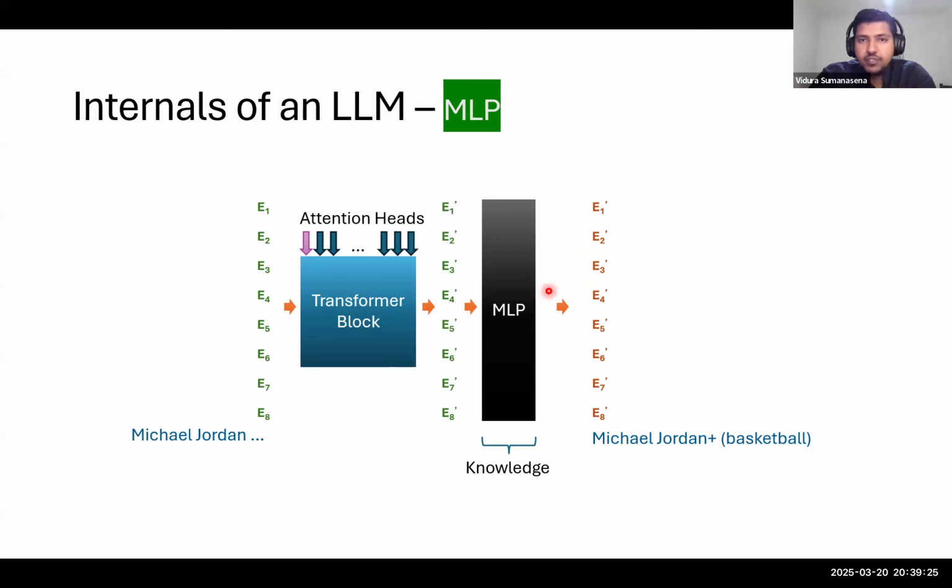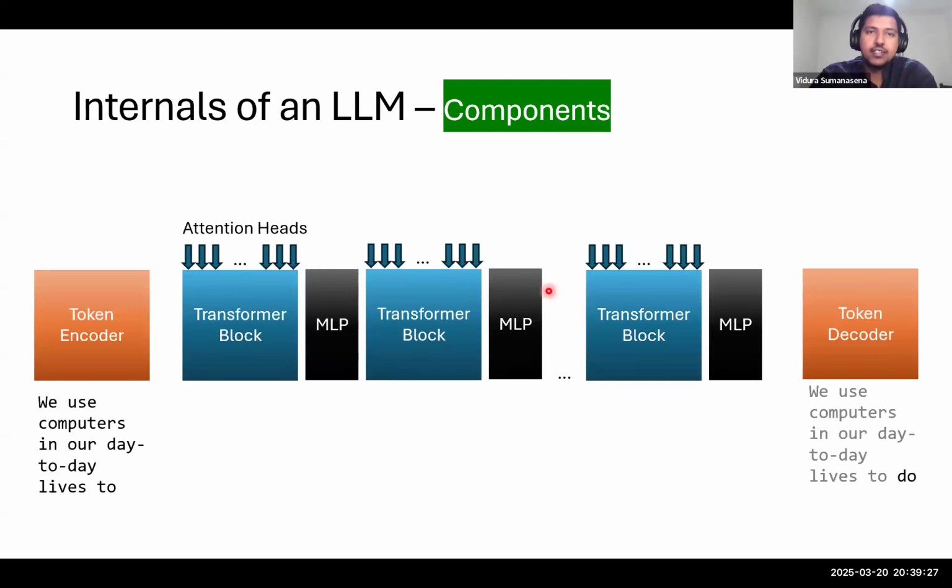All right, so that's about the internals. You will have a transformer block, then a neural network, then again a transformer block, then again a neural network. In the initial GPT-3 model, there were about 96 transformer blocks.